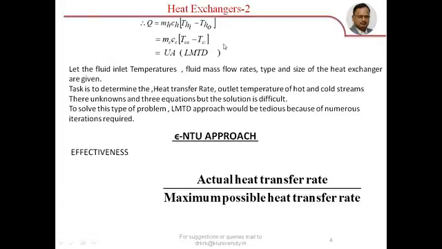This is the actual heat transfer rate. And the second one is maximum possible. So if maximum heat exchange takes place, ideal condition, what would be the rate of heat transfer? That ratio Q by Q maximum is defined as effectiveness epsilon.